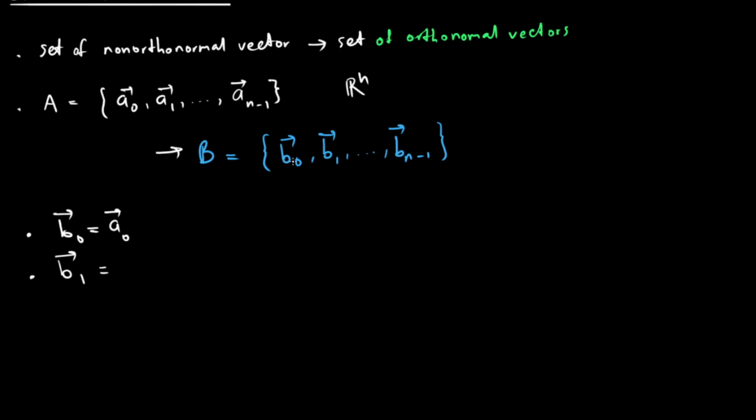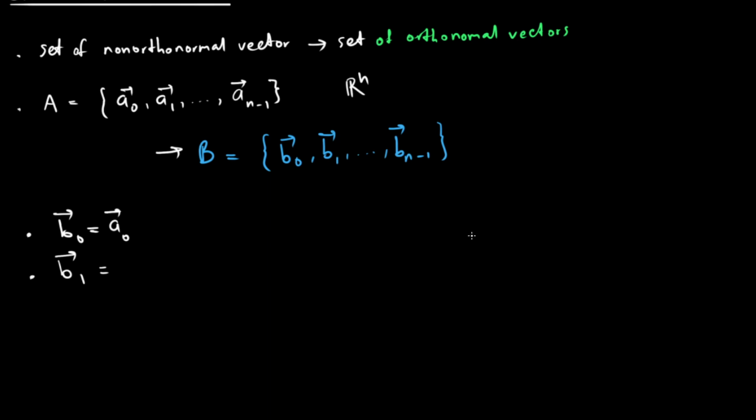In order to convert it into a perpendicular vector, we first take a vector and take away the parallel component. So let me draw this for you.